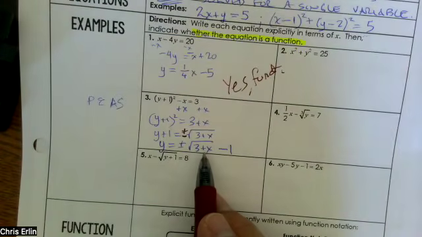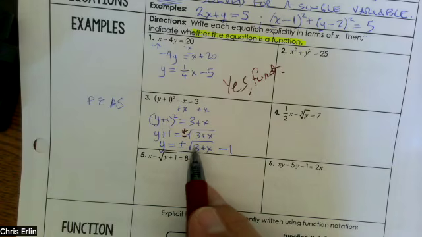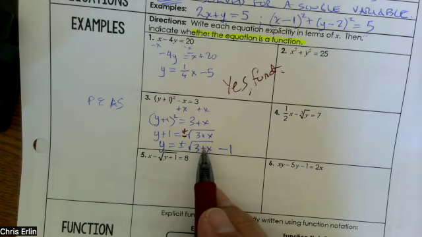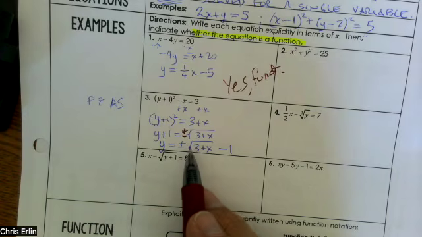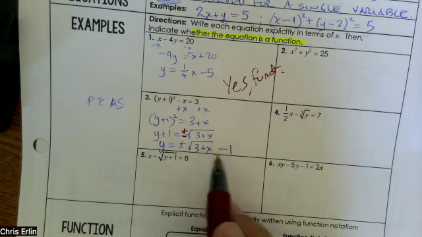Look at number 3. Let's say that I put an X value in of 1. 3 plus 1 is 4. Square root of 4 is 2. So now I've got Y is equal to plus or minus 2 minus 1. It's possible I could take it as plus 2 minus 1 and get an answer of 1.